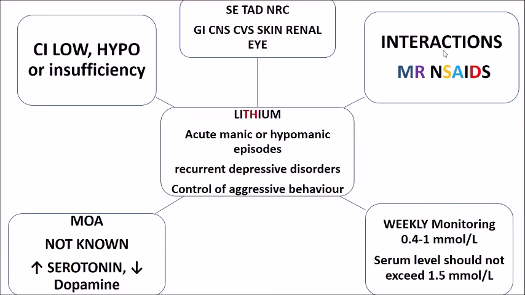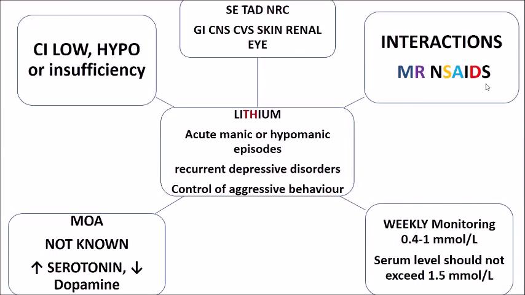And if we look at interactions for lithium, it includes Mr. NSAID, where the M stands for methyldopa, risperidone, NSAIDs, NSAIDs which should not be given with lithium because they reduce the excretion of lithium, thereby increasing the risk.